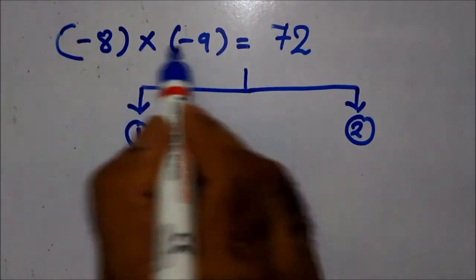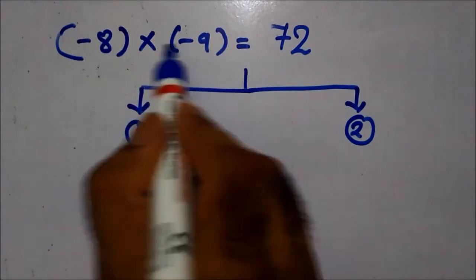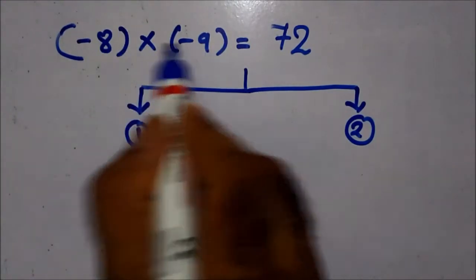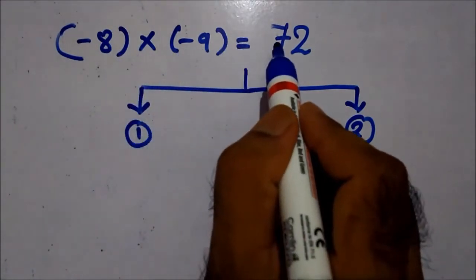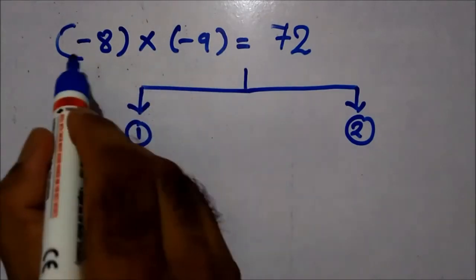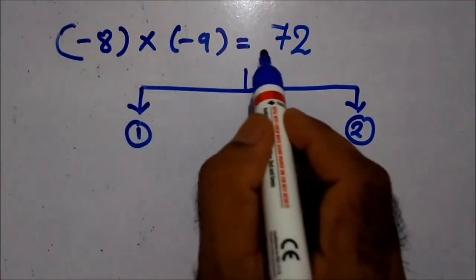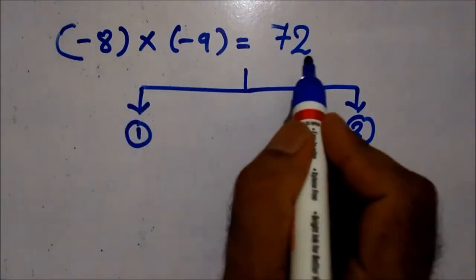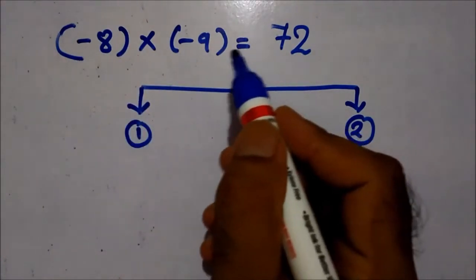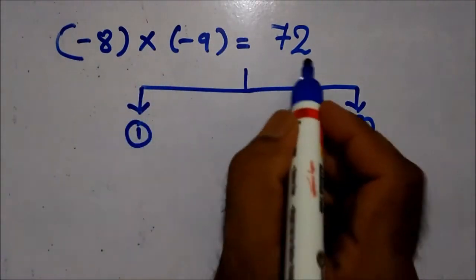Here we have two negative integers, and multiplication of two negative integers is positive. This is our multiplication statement.